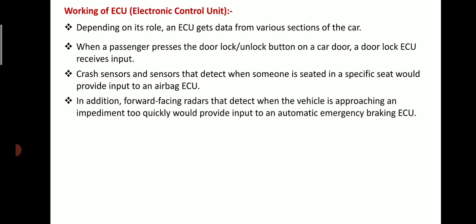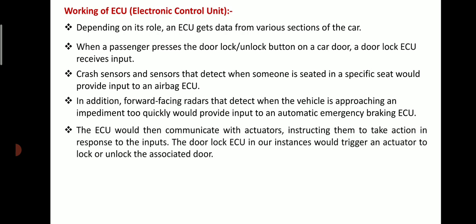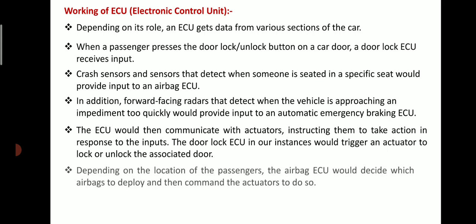In addition, forward-facing radars that detect when the vehicle is approaching an impediment too quickly would provide input to an automatic emergency braking ECU. The ECU would then communicate with actuators, instructing them to take action in response to the inputs. The door lock ECU, in our instance, would trigger an actuator to lock or unlock the associated door.